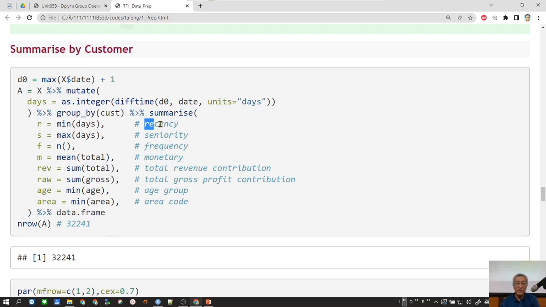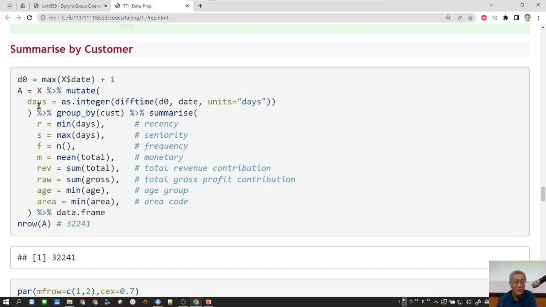R means the recency, which means how many days since this customer last bought from us, from the last date of the data. The difference between the last date and today. As you can see, I'm calculating the difference.